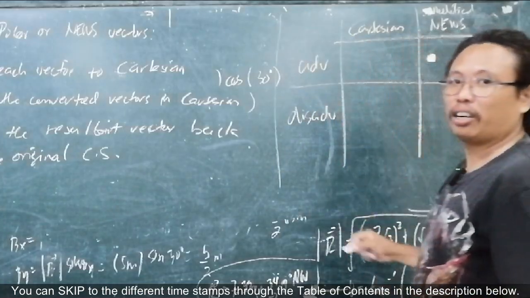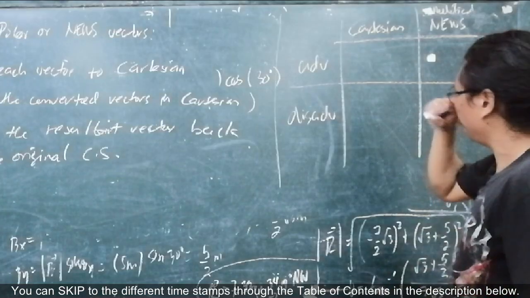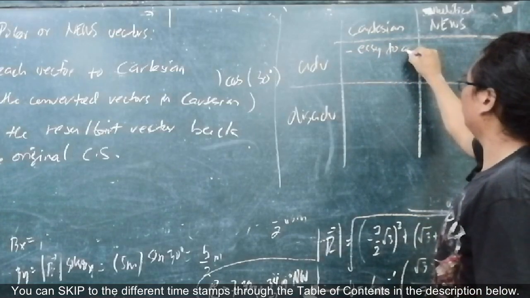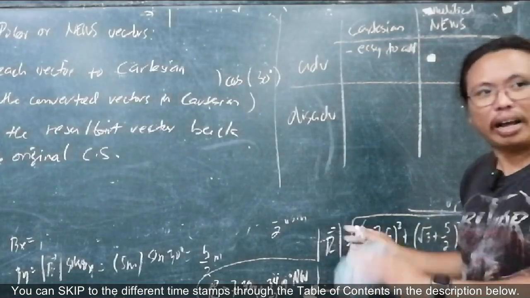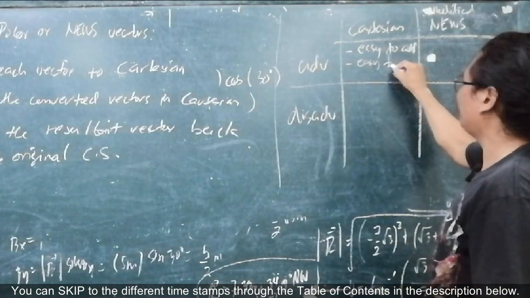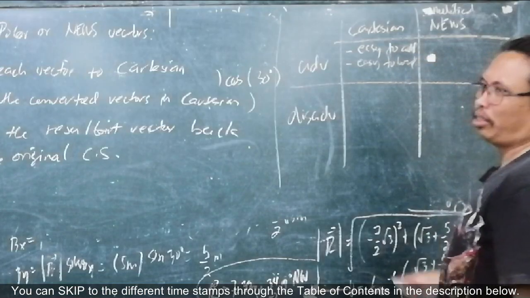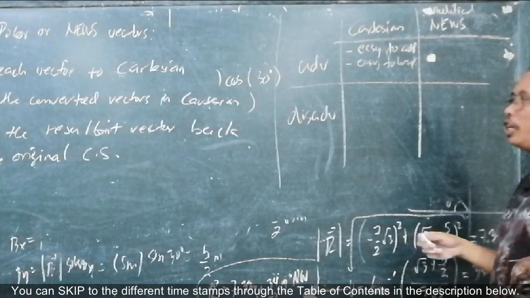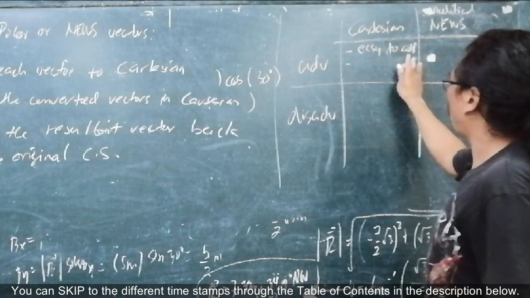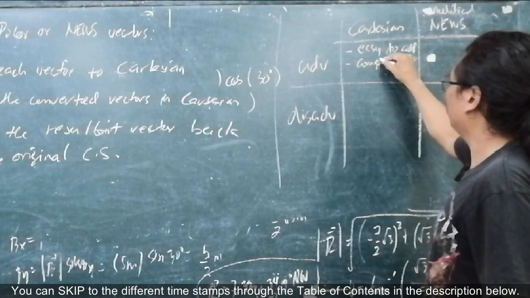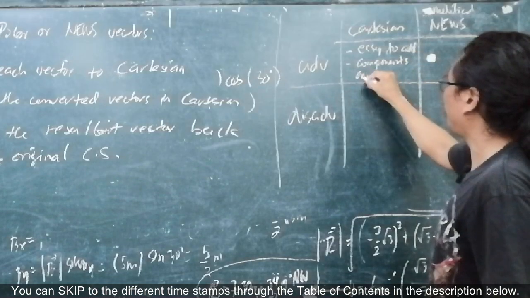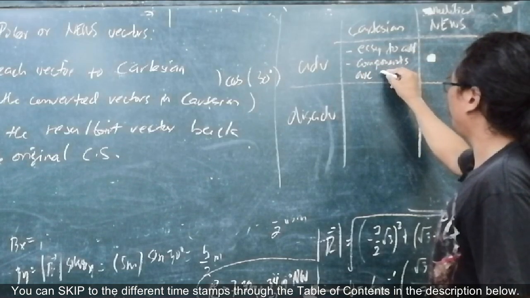What's the advantage of Cartesian? Easy to add. Easy to locate. Well, maybe they're the same. Maybe it's easy to add. Components are already given.